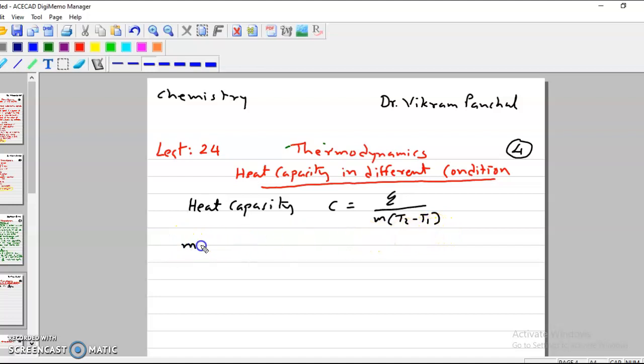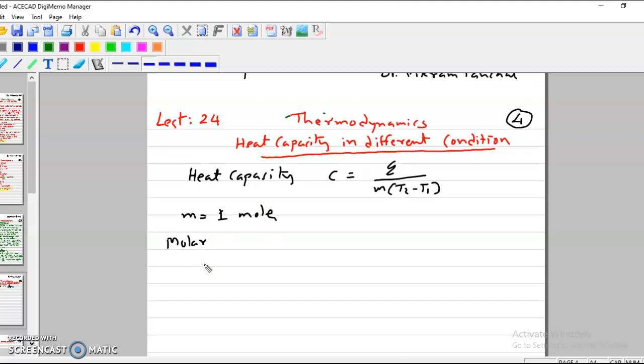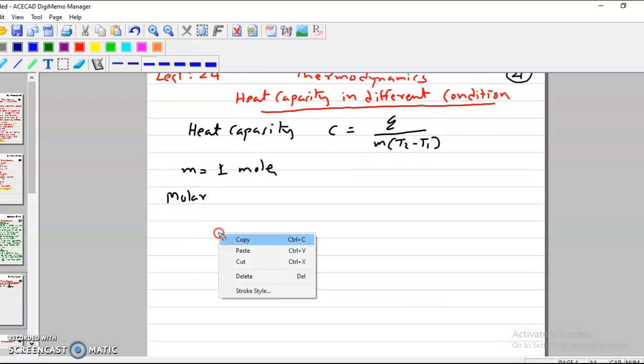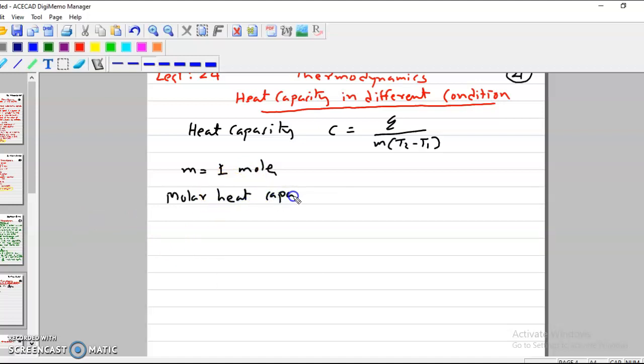And if M is equal to 1 mole, then we call it molar heat capacity, which will be C equals Q upon delta T, where M is equal to 1. So this is what molar heat capacity is.